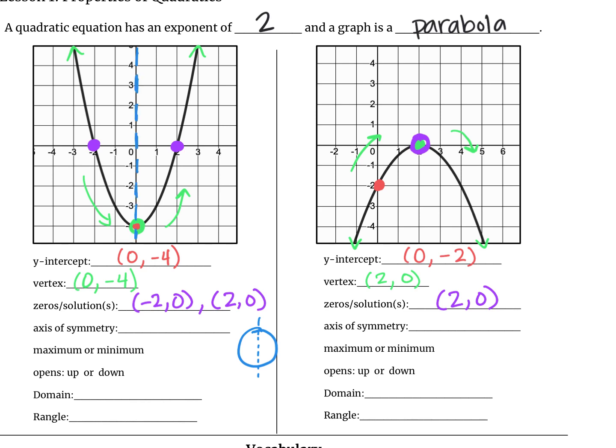So this right here is my axis of symmetry, and I hope you are also drawing this too. All right, so there's my axis of symmetry. Notice it is equal on both sides of that blue line. And the equation for it is going to be x equals, and then the x value here is actually at 0. So x equals 0 is my axis of symmetry.